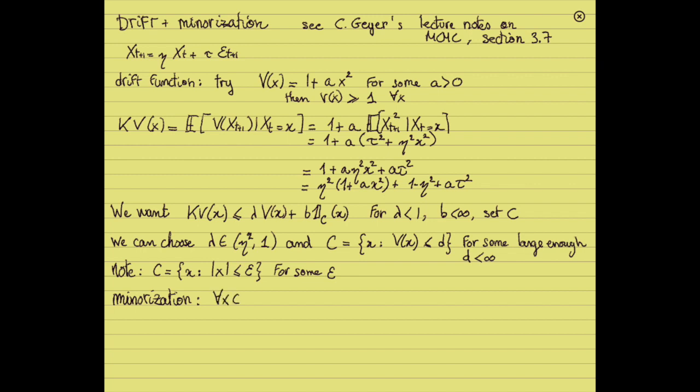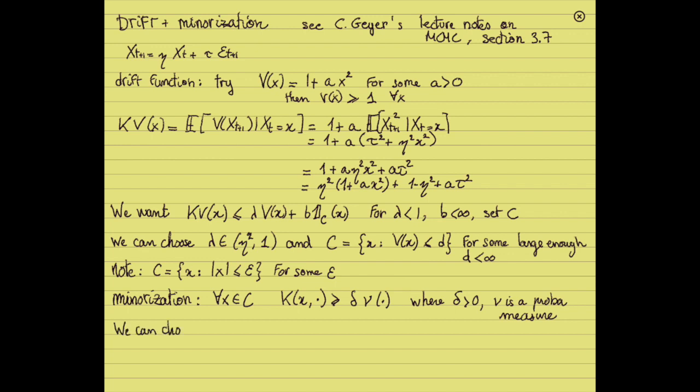And in terms of the minorization condition, we would be looking at verifying the statement that for all x in a set C, the distribution kx dot is lower bounded by delta nu dot, where delta is a strictly positive value and nu is a probability measure.